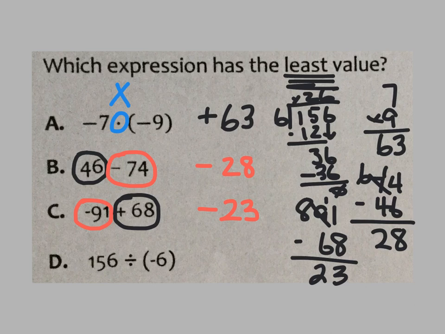But when we divide and we see that our dividend is positive, our divisor is negative, multiplying and dividing with opposite signs means our solution will be negative 26. So which expression has the least value?